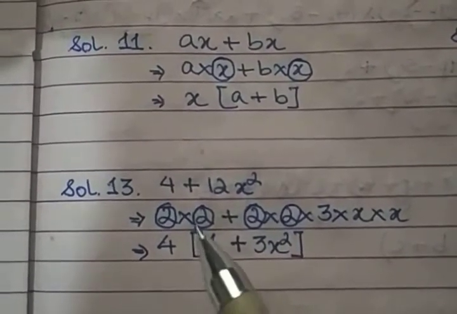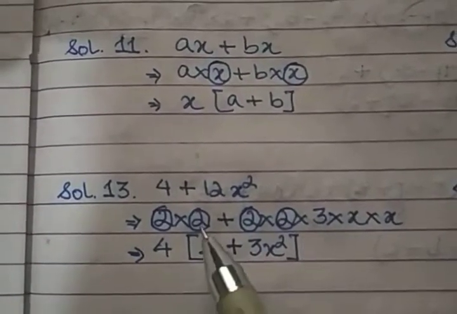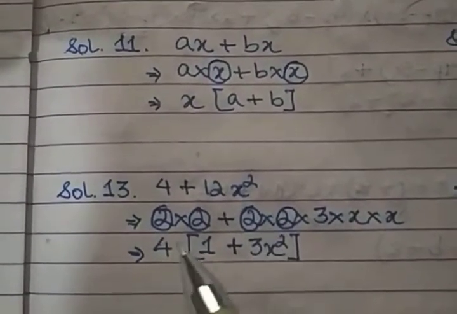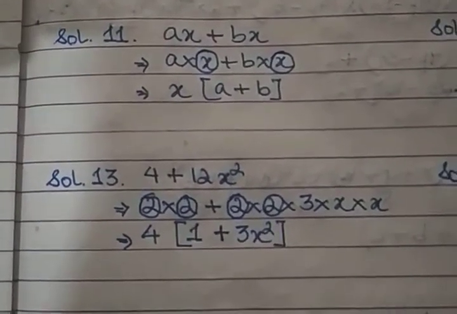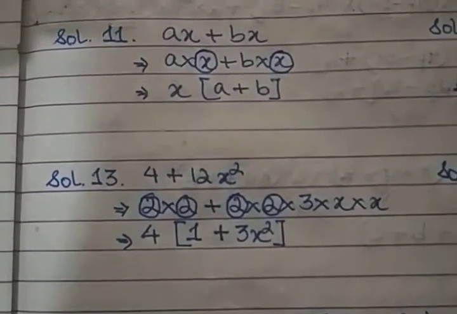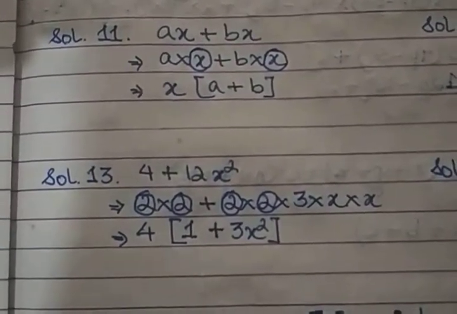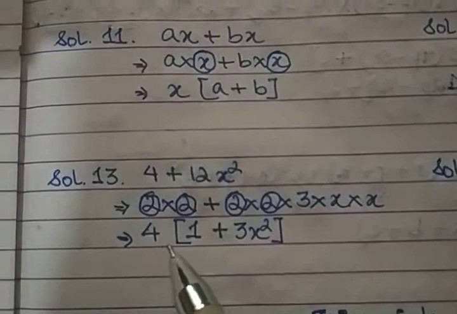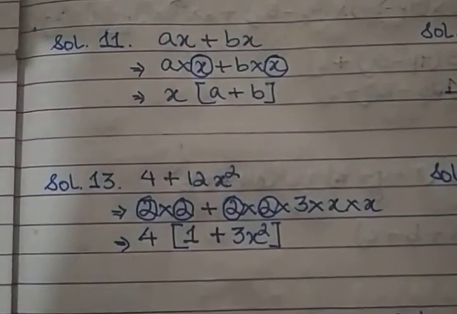So what do I see from the first term and the second term? I have 2 as common from both the terms, and the second 2 also as common from both the terms. So I can take 2 into 2 as common, isn't it? If I write 2 into 2 outside, it will be simple 4. That's why I have directly written 4 out here. Now I have taken both the factors of the first term as common.